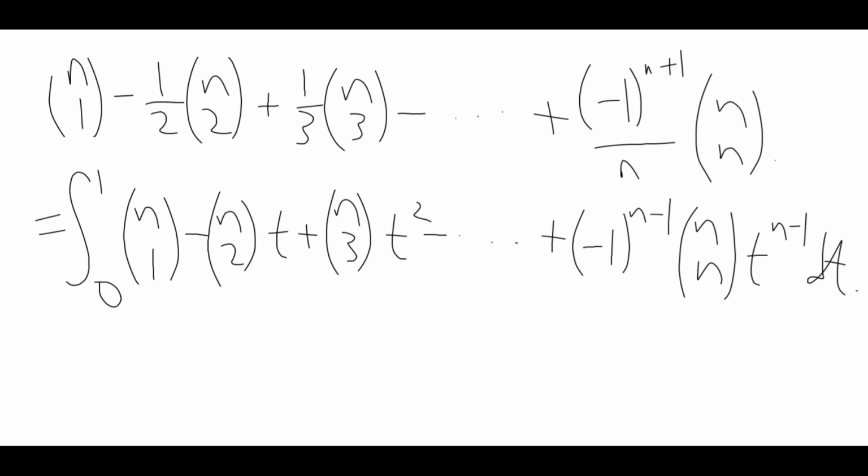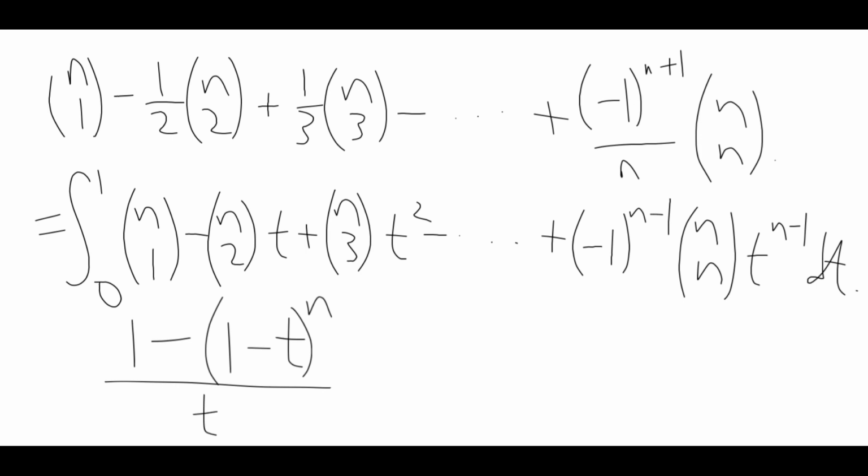So this is almost the binomial expansion of 1 minus t to the n, but not quite, because I've divided out by some powers of t. What I've done is I've taken 1 minus t to the n, I've removed the constant term, and so I have 1 minus this whole thing, and then I've lowered all the powers by 1.